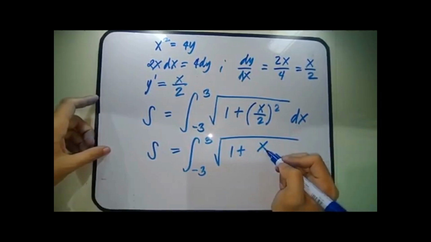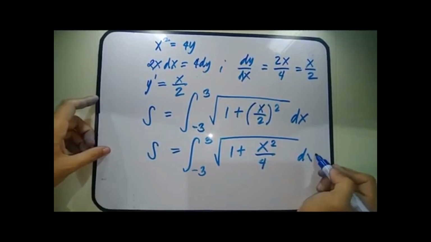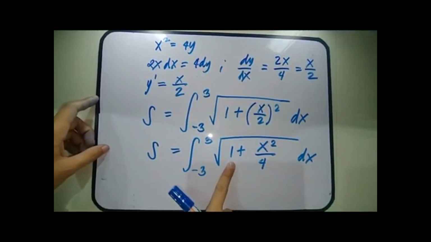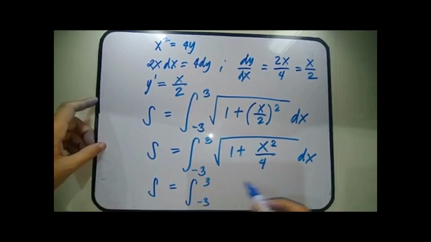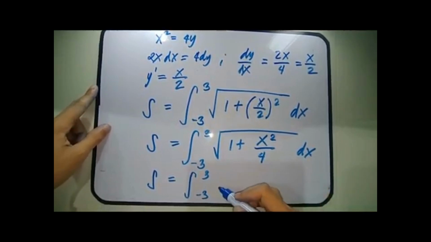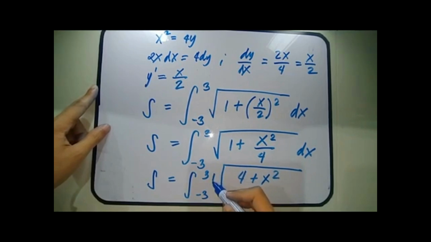So that is over 4. Further simplifying, we have S is equal to the integral of the square root of 4 plus x squared all over 4. So perhaps we can bring this 4 outside. So the square root of 1/4, that is 1/2. We have here 1/2. You can bring that outside.